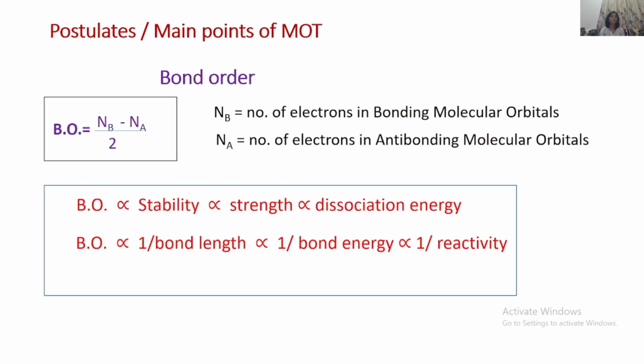Bond order. Bond order is equal to the number of electrons in bonding molecular orbitals minus the number of electrons in antibonding molecular orbitals. Bond order is proportional to stability, strength, and dissociation energy. Bond order is inversely proportional to bond length, bond energy, and reactivity.